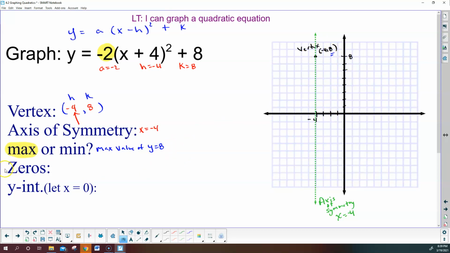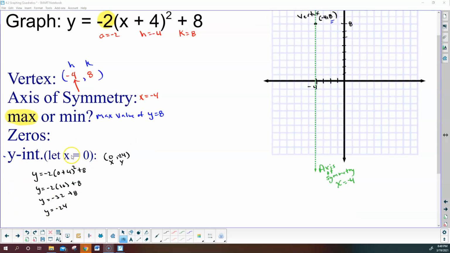Okay, don't worry about the zeros right now, but let's find the y-intercept. Okay, so what did I do? I took 0 and I plugged it into the original function. We simplified. So I got 4 squared is 16, negative 2 times 16 is negative 32, plus 8 gives me negative 24. Now this brings me to a very interesting position.